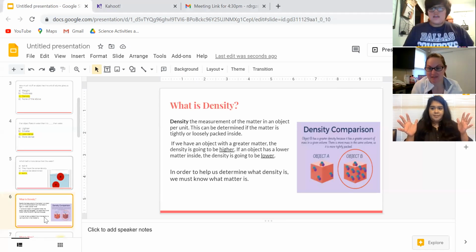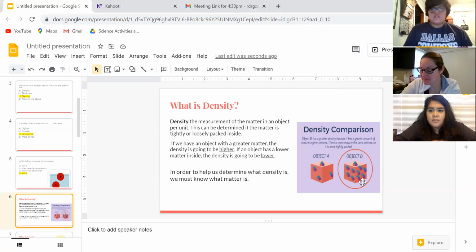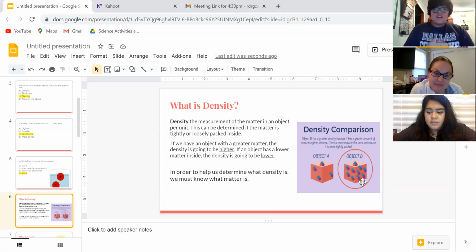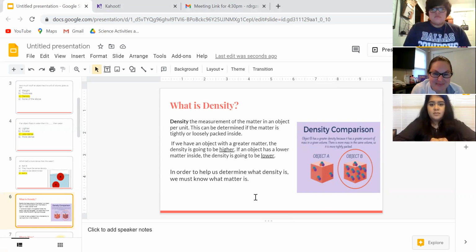So if we look at this picture right here on our right, we can see that object B has a greater density because there's more tightness compacted into that one box. Yep, that's just right.